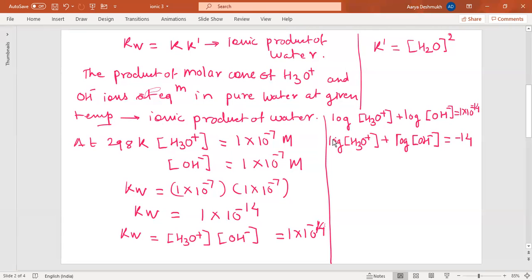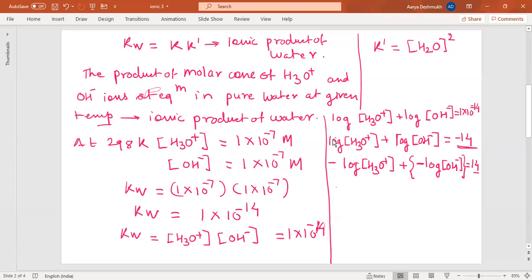Now, if you change the minus sign, I can write here minus log of H3O plus, and here again you have to put the minus sign for this quantity also, for log of OH minus. So minus log of concentration of OH minus ion equals 14. I want to make this minus 14 a plus 14.